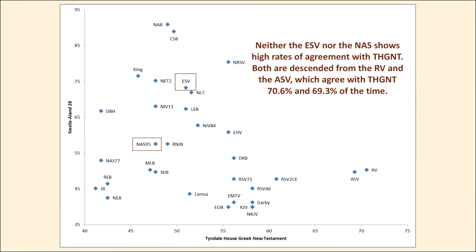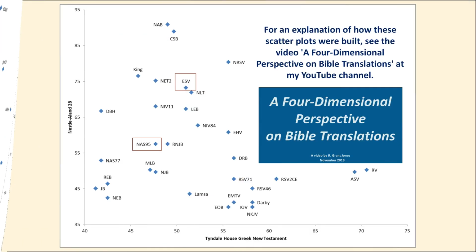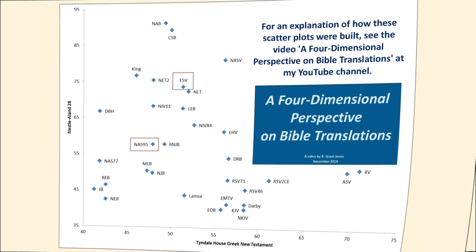On this chart, I display agreement with the Tyndale House Greek New Testament on the horizontal axis. Agreement rates for the ESV and the NAS are both below 55%. To learn more details, such as which verses were examined and how the translations were scored, see the video entitled A Four-Dimensional Perspective on Bible Translations at this YouTube channel.